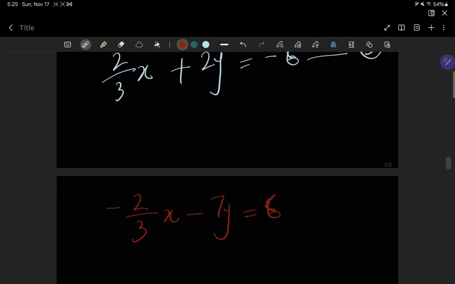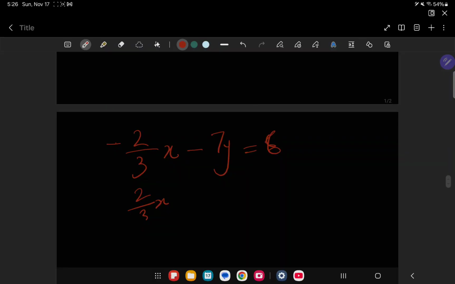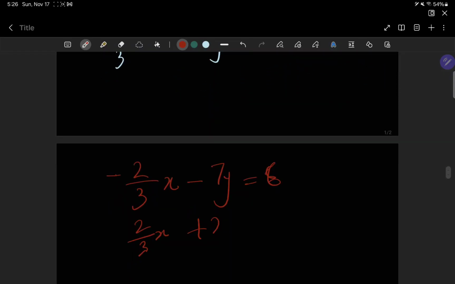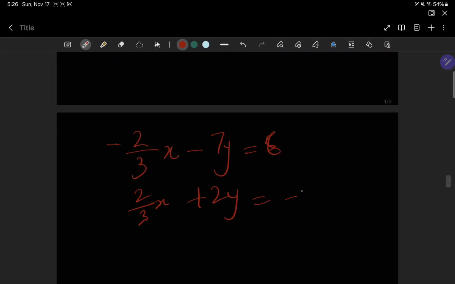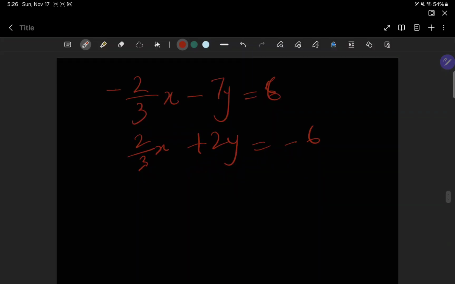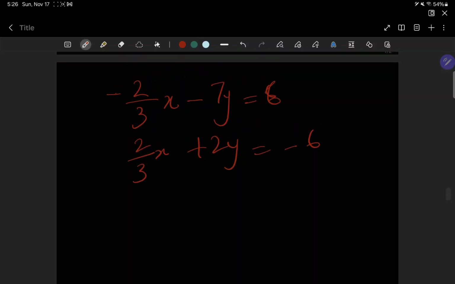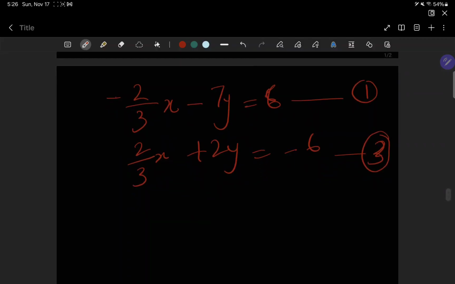And 3 is, just going to copy it from the top here, 2 by 3x plus 2y equals, oh, this is going to be interesting, minus 6. This is equation number 1, and now this is equation number 3.